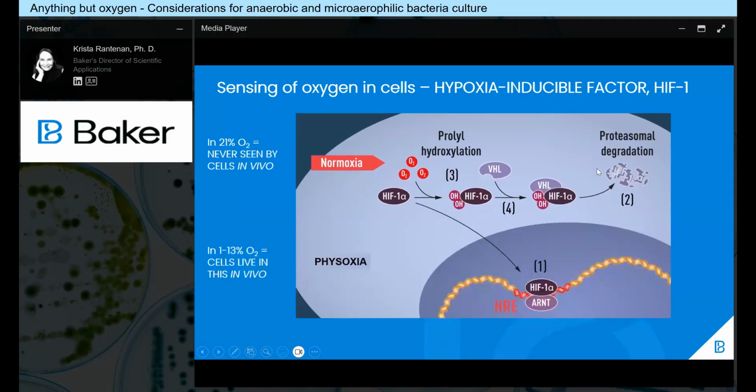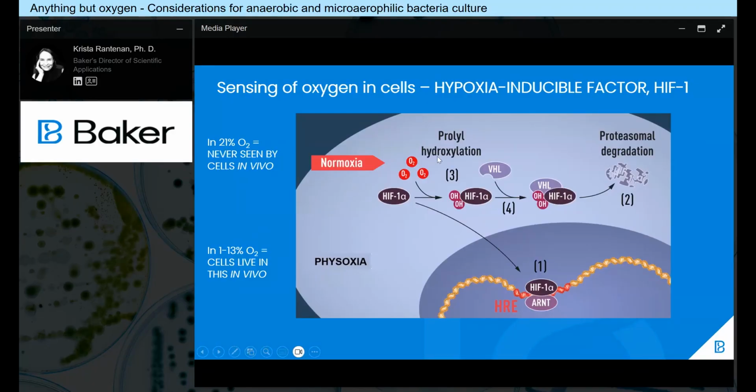However, if we move to conditions that are also in the gut epithelium, which is low oxygen, could be 1 to 13%. 13% would be in the lungs, maybe not in the gut, so it's a bit lower. But in any case, in that environment where these bacteria that you want to study reside, there is something called hypoxia or physoxia, so physiological oxygen conditions.